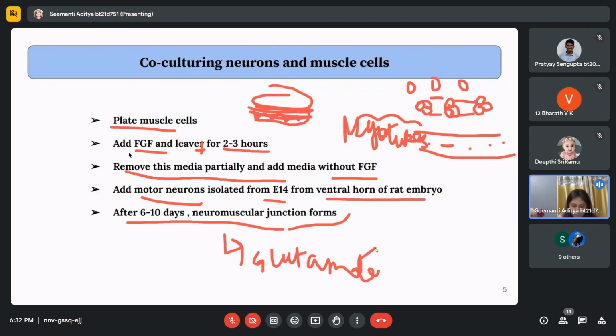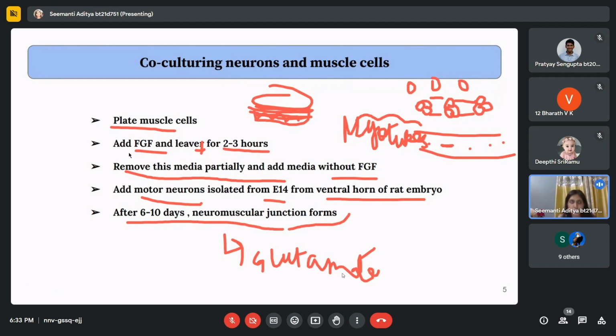So if we have the neurons plated with the muscle cells, and we add the glutamate, and we see changes in the muscle, that means the glutamate is actually showing its effect as a neurotransmitter, and so the neuromuscular junction has to be properly formed for showing that effect.